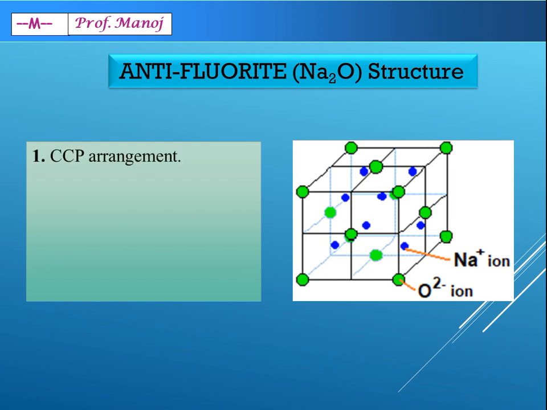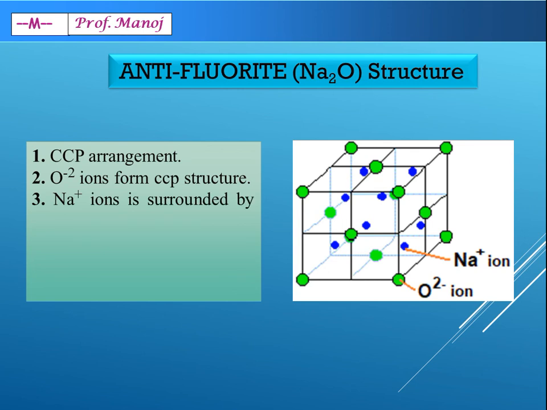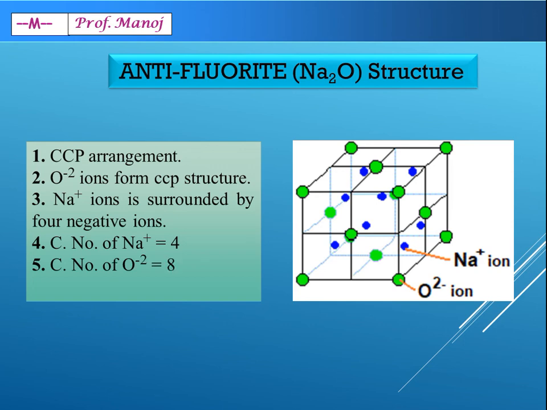So it again forms a CCP lattice. Oxide ions form CCP while sodium ions are surrounded by 4 negative ions. Here the coordination number of sodium is going to be 4 and the coordination number of oxide is going to be 8. So the formula units will be once again 4 only.